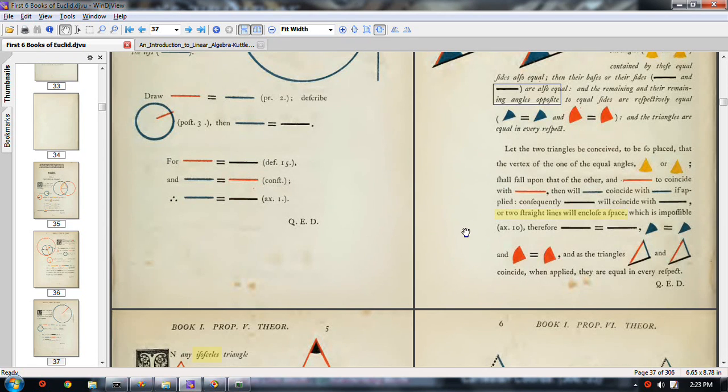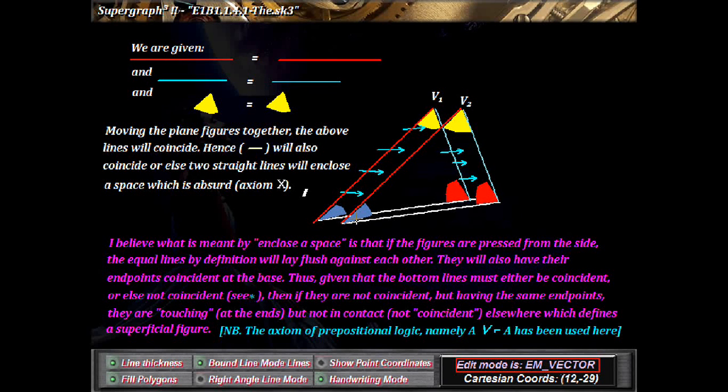There's either a theorem or postulate missing, because this here doesn't follow immediately. There's a step missing. Here it says, or the straight lines will enclose a space, which is impossible, and therefore they do coincide, which would imply that the blues are equal to blues and reds equal to reds, and so on.